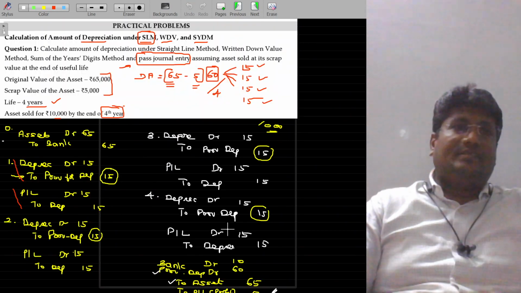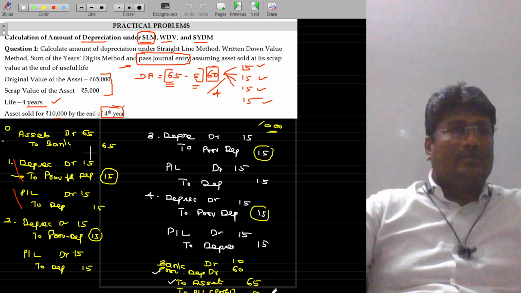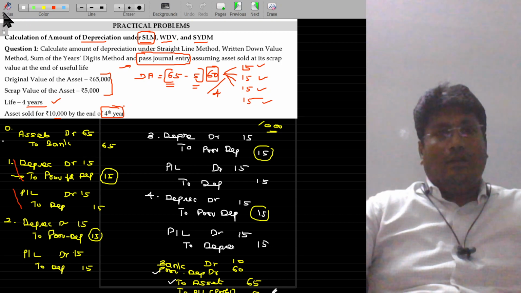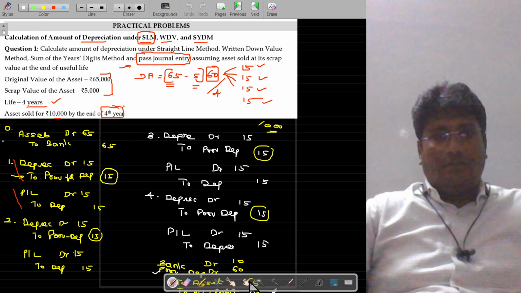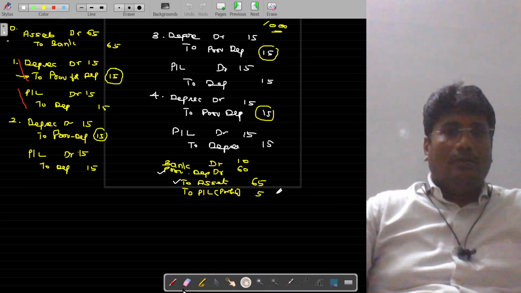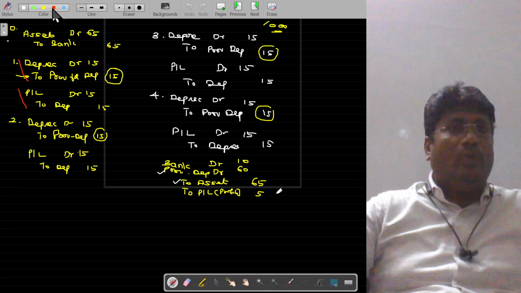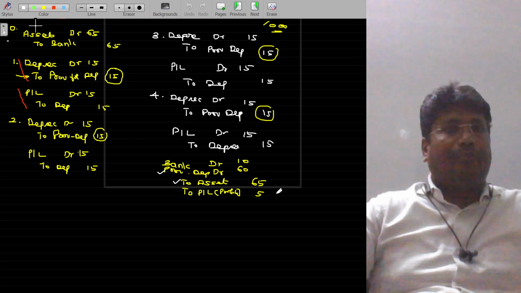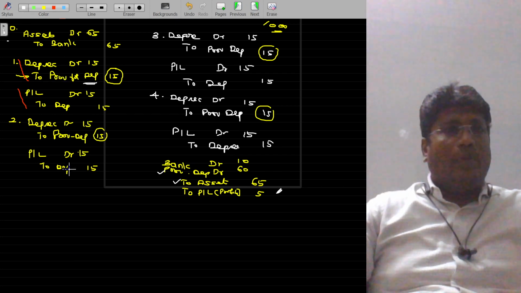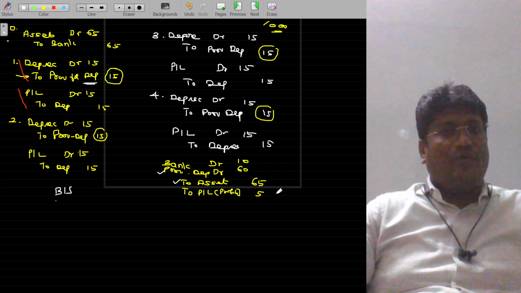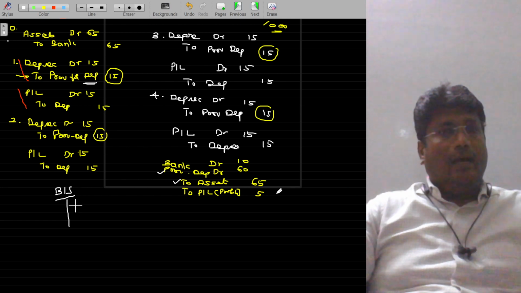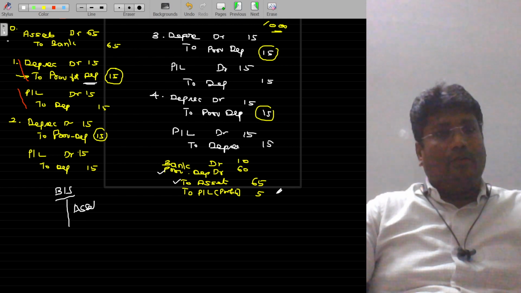And in the second model, the same illustration, I already guided you that in this illustration, the depreciation is accumulated in the provision for depreciation account. By that time the balance sheet will look this way: the asset will appear on the asset side at the book value ₹65.